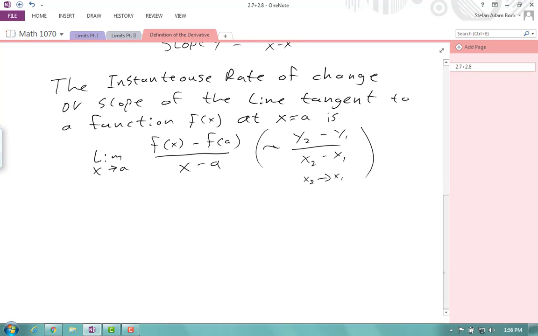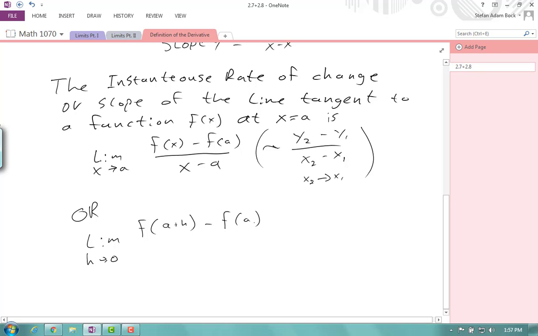Now, similarly, since after I evaluate this limit, I'm going to have some kind of a function in terms of a, I can generalize this to just giving me a function. So I have a big OR here, and I have the limit as h approaches 0 of f of a plus h minus f of a divided by h.